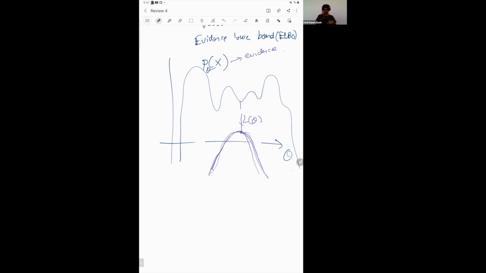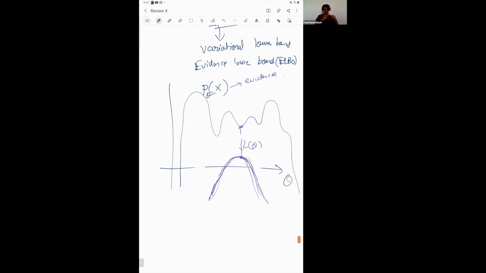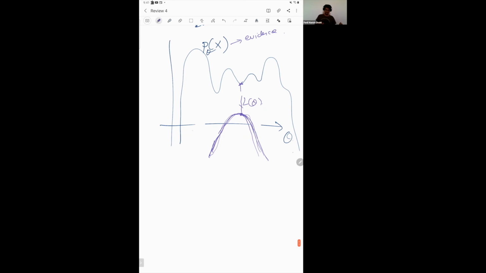We know this is always less, but optimizing this would yield a local minimum instead of the local maximum that we are interested in. So instead of considering just one lower bound, we consider a family of lower bounds. Why just stop at this one? Obviously all of these lower bounds should be less than p theta, less than our evidence, because each is a lower bound on all of that. So now we would use a family of such bounds.